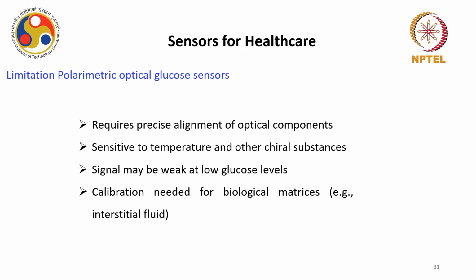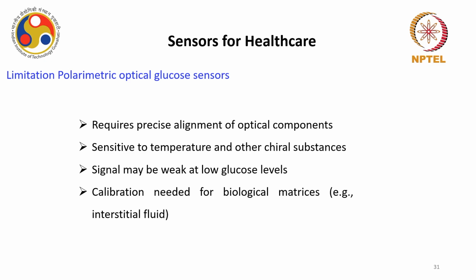There are certain limitations also associated with these polarimetric optical glucose sensors. They require precise alignment of optical components, because the rotation of the polarization has to be detected precisely, otherwise you may not get the exact result.